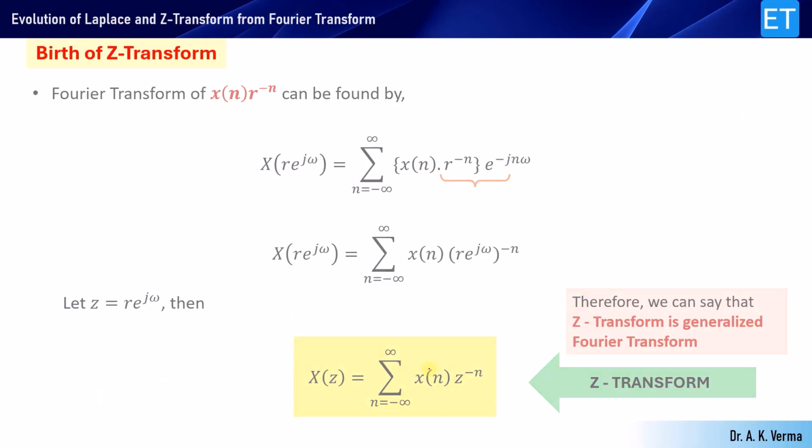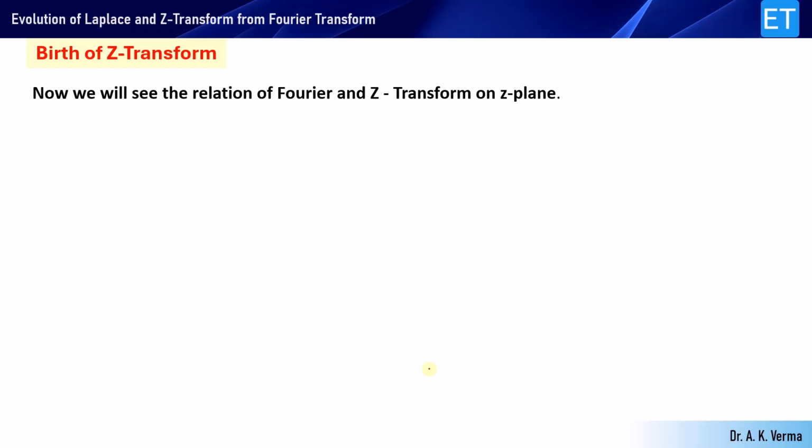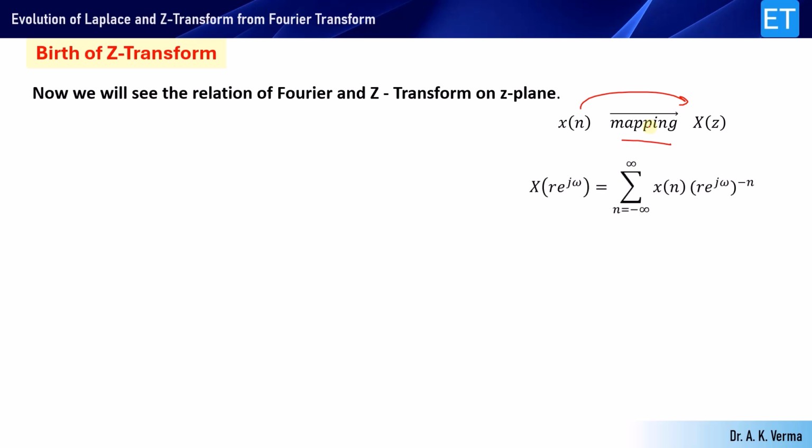Now let me show you the relationship of the Fourier and the Z transform on the z plane. Again, x[n] is converted into X(z). This is a mapping process, and the mapping is actually the Z transform formula. This is the z plane, and it is a polar plane, as I said, so any point represented on this plane is in polar form.